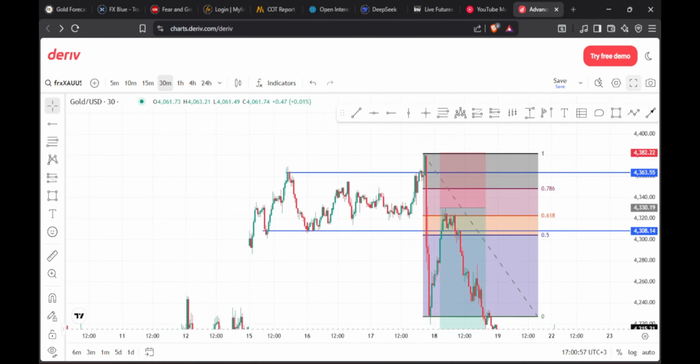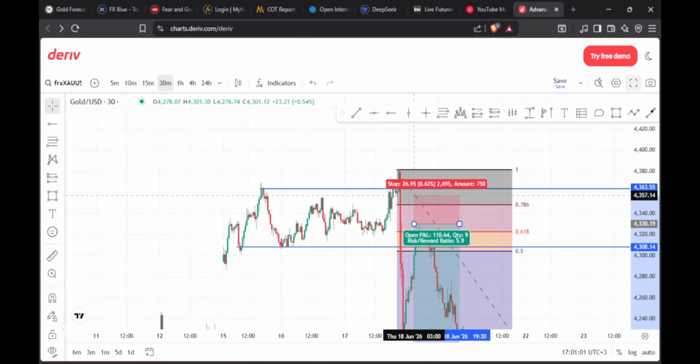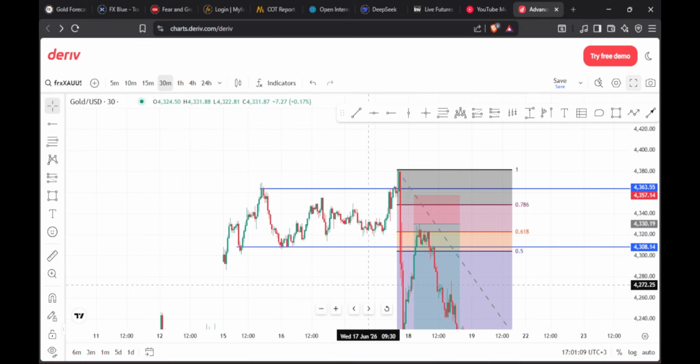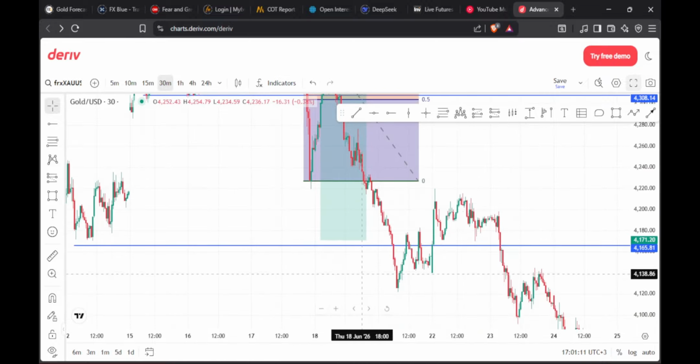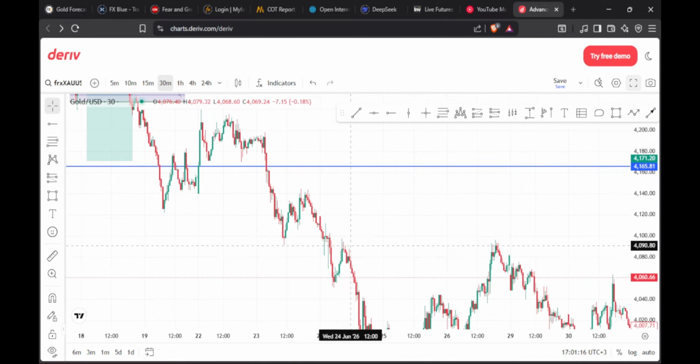And your stop loss just above the 0.76 Fibonacci retracement zone. We can put it slightly there, just above. And the trade played out perfectly. Let's move on to our next example.